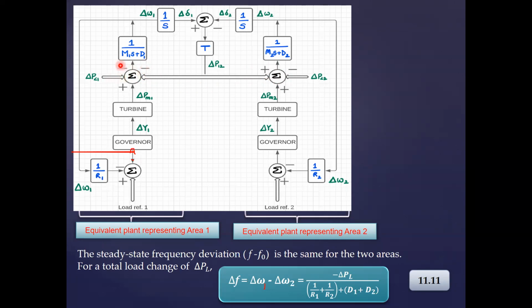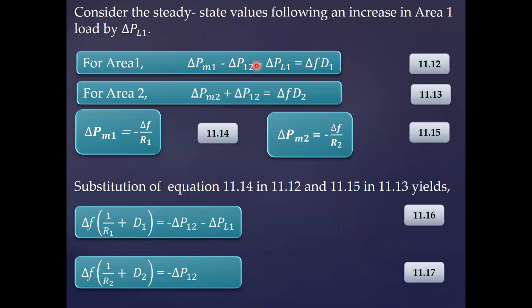Then for the load, you can say minus or plus, it is up to you. Accordingly, for area 1 and area 2, this quantity can be modified. Now we define the droop for each of the control areas.